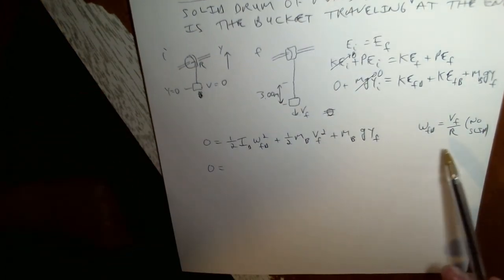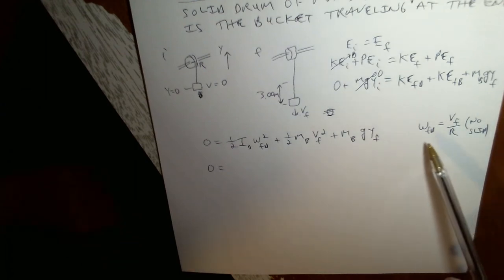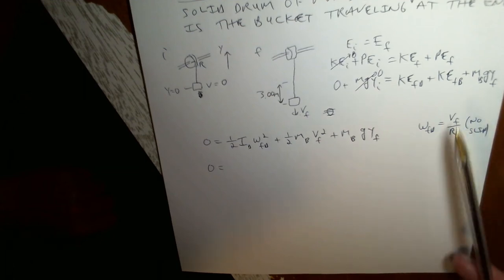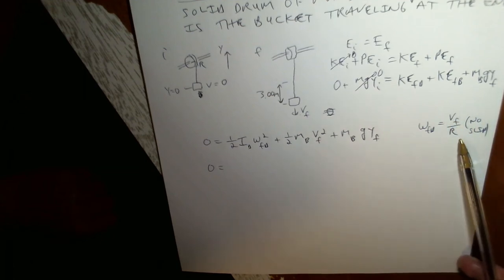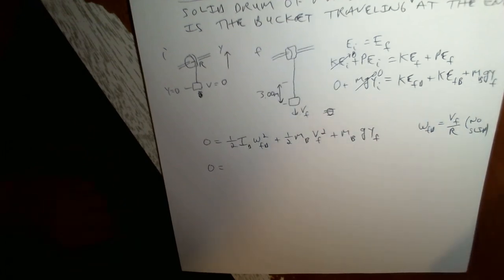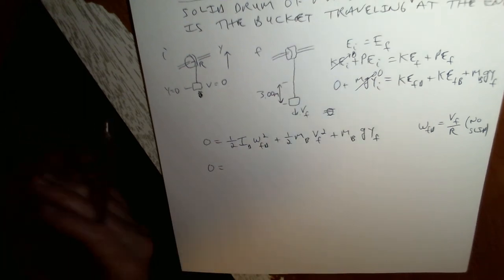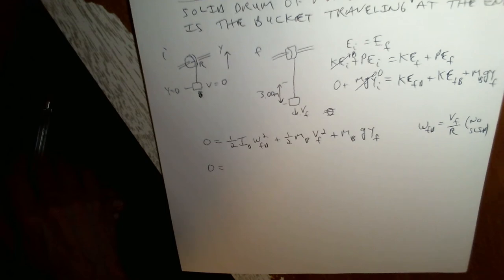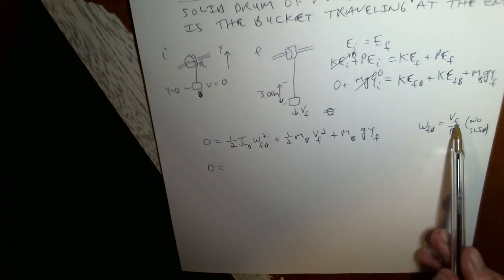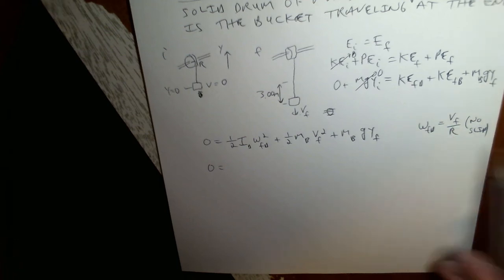And so in general, whenever you see no slipping, you're going to have some sort of angular velocity related to some sort of linear velocity by the radius of something, some circular path. And here it's the radius of the drum. Or the radius of some object, like a wheel that's rolling without slipping. Whenever there's no slipping, you have an angular velocity related to a linear velocity in this way by a radius of some sort.